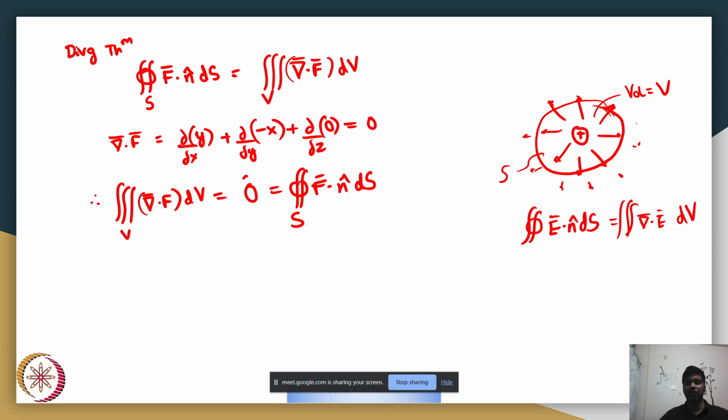If there is a net outflow, we can conclude that the volume V enclosed by the surface S will enclose a positive charge. Exactly the opposite case happens if you have a negative charge. It's a powerful principle which is commonly used in electrostatics.